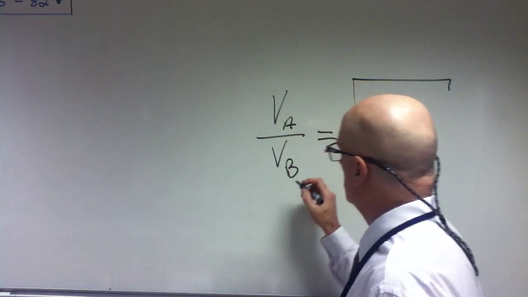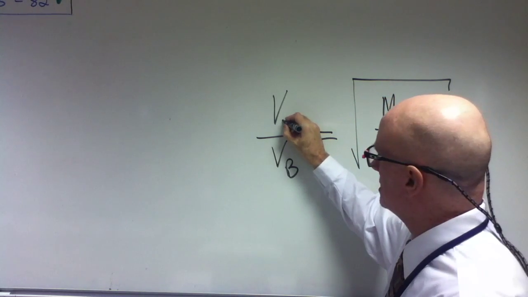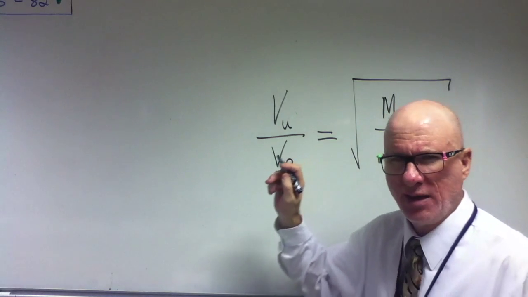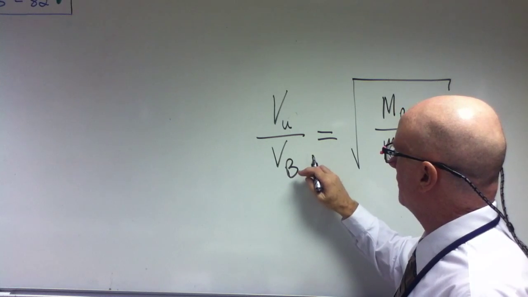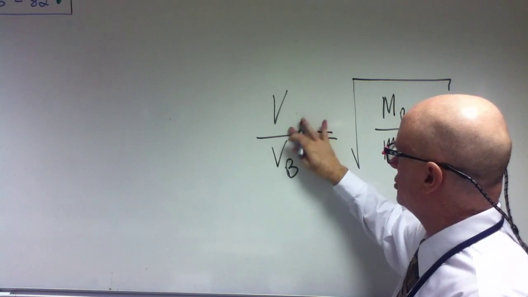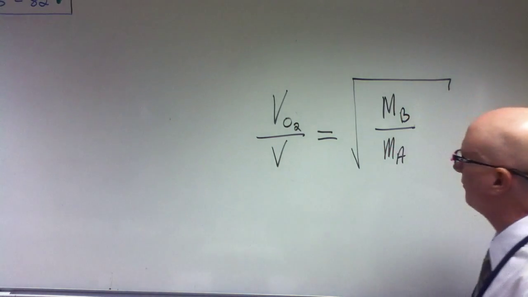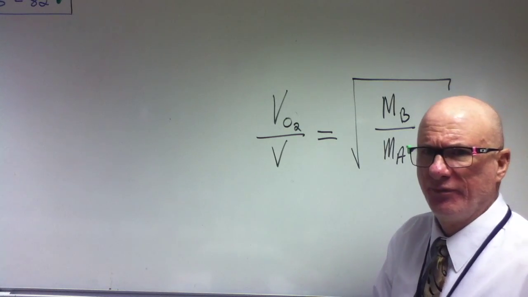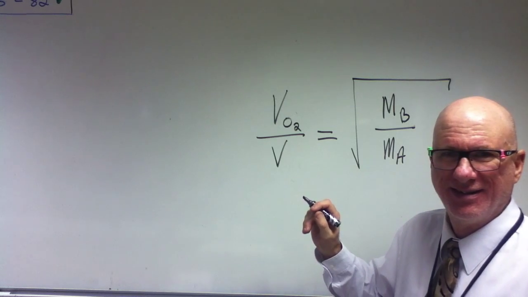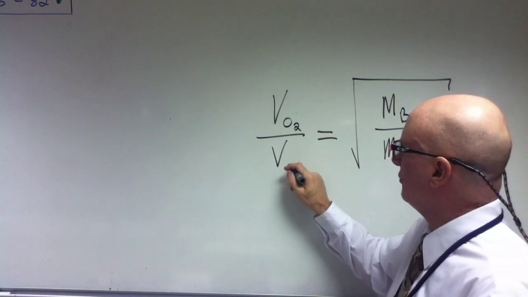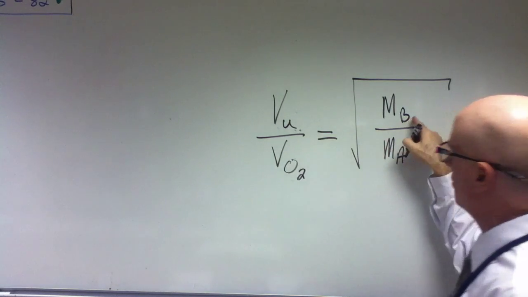Excellent. Well done. Okay, so we'll say that this is going to be the unknown gas. Actually, no, we'll say that's oxygen, and that's the unknown gas. How are we going to do this? How did we do this last time? Times the top one by 4. If this is oxygen and this is the unknown gas, what do we do over here?